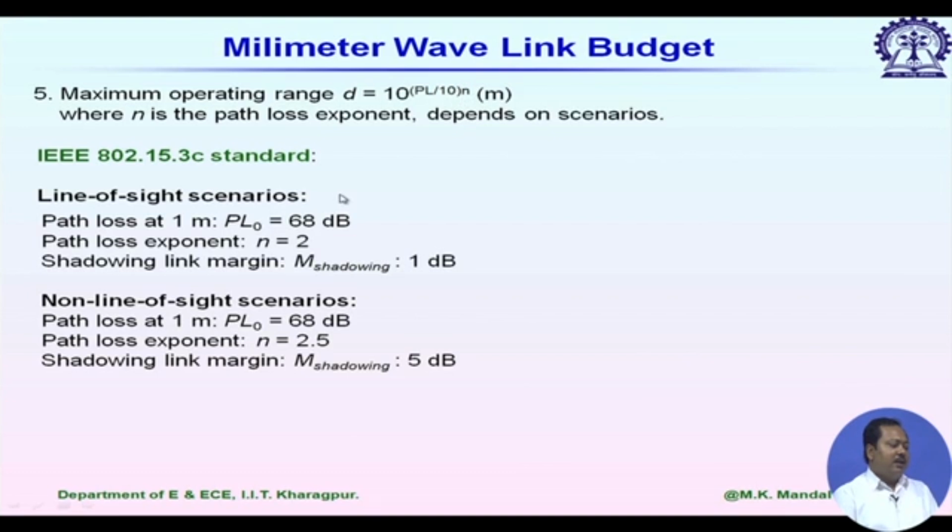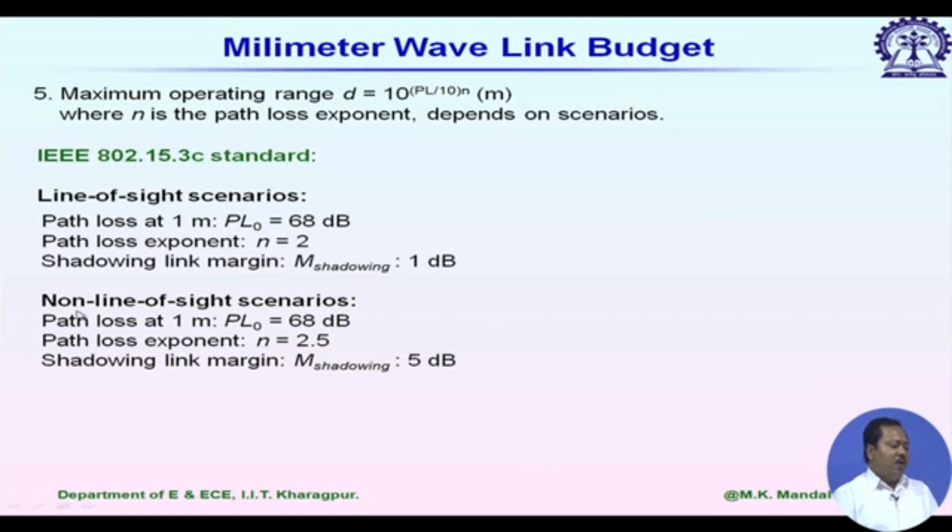Here are some examples suggested for the IEEE 802.15.3c standard. For the line of sight scenario, consider PL_0 of 68 dB, path loss exponent n equal to 2 and M shadowing just 1 dB. This is called the shadowing link margin.